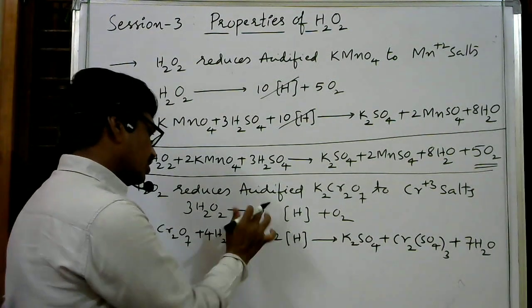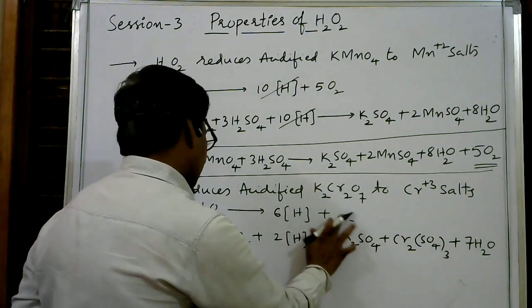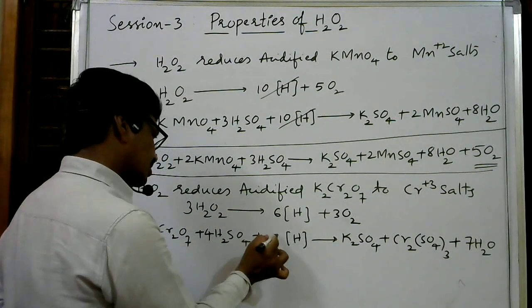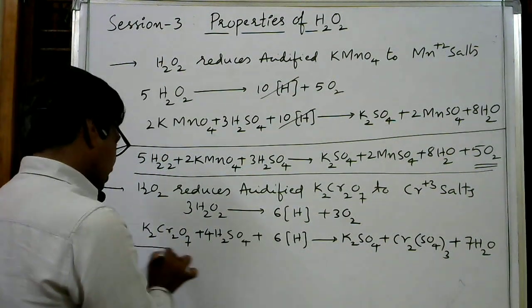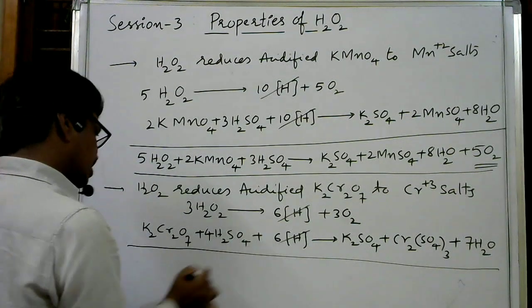So here 6 nascent hydrogens, here 3 O2. So here I am writing 6. These 6 hydrogens now combine. So if you write the total reaction, the 6 nascent hydrogens get cancelled.